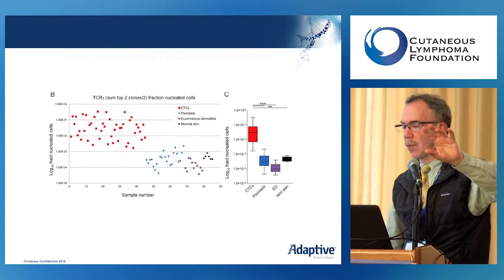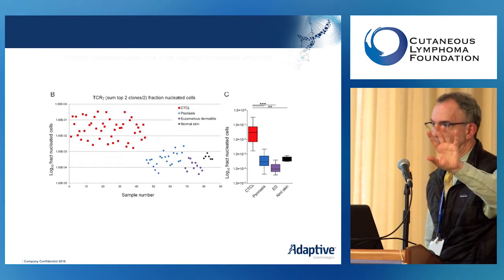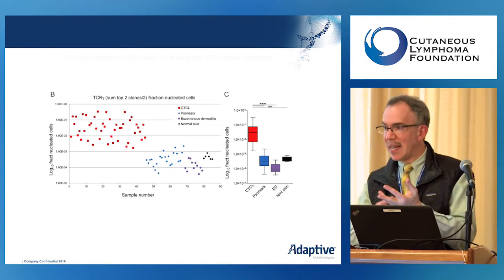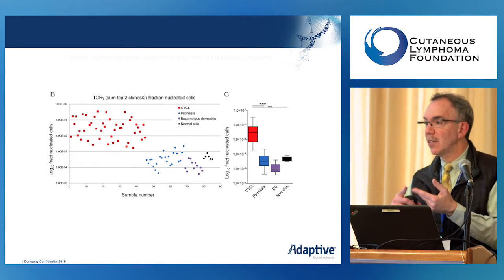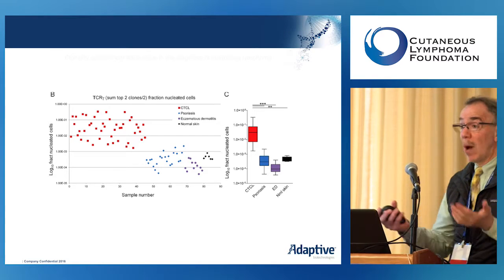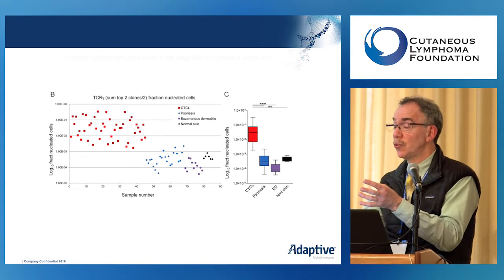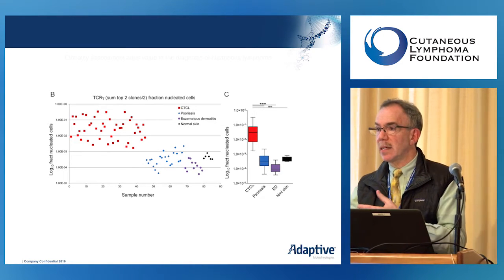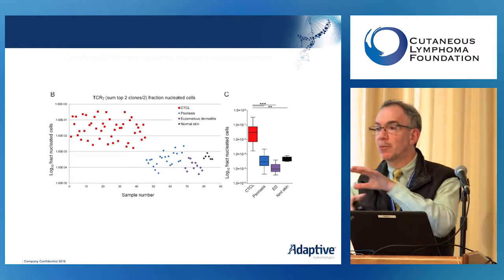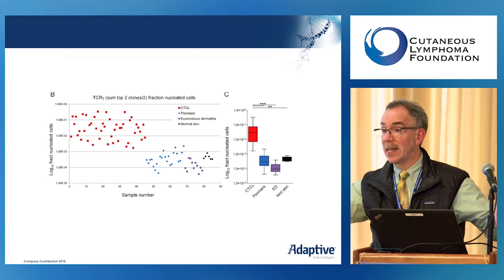Most of these are mycosis fungoides and not Sézary syndrome patients. And then there was another series of samples that represented eczema or atopic dermatitis or psoriasis or some normal skin samples. And from each one of those, DNA was extracted and subjected to this kind of T cell receptor repertoire profiling.